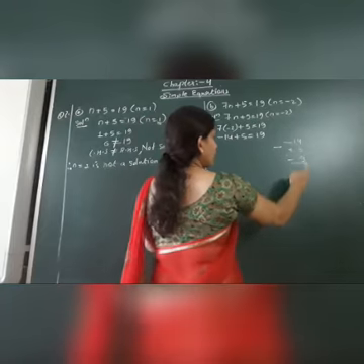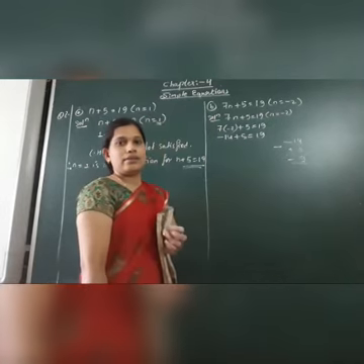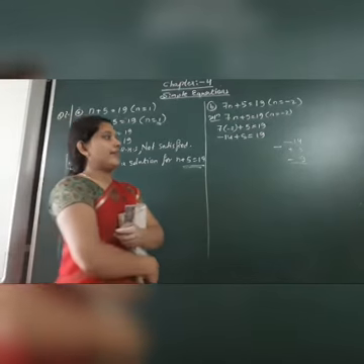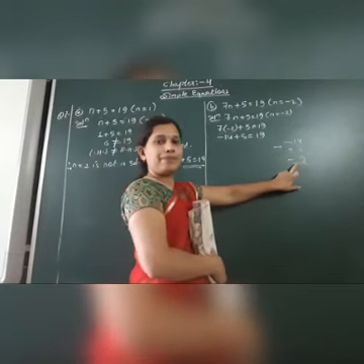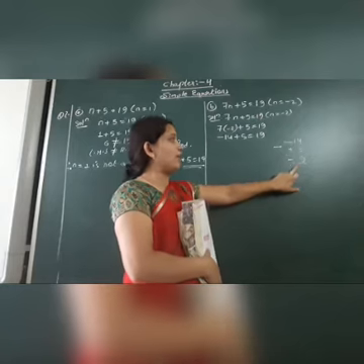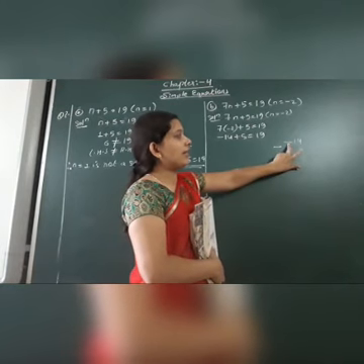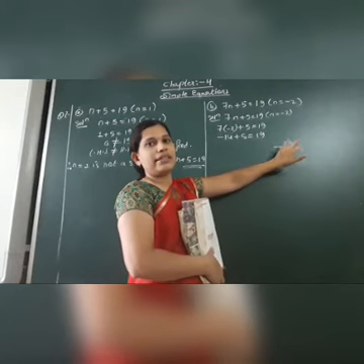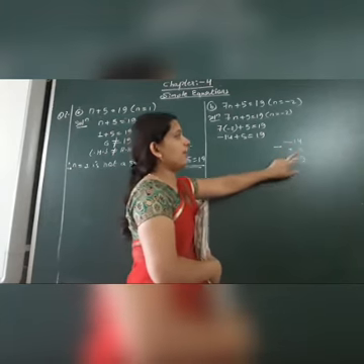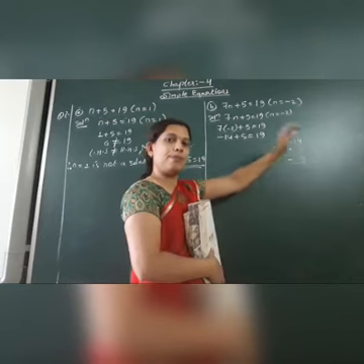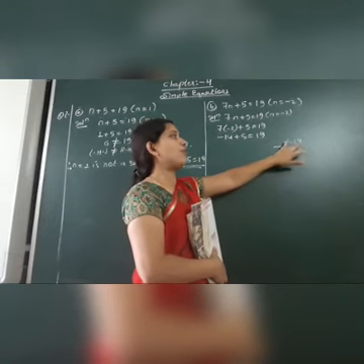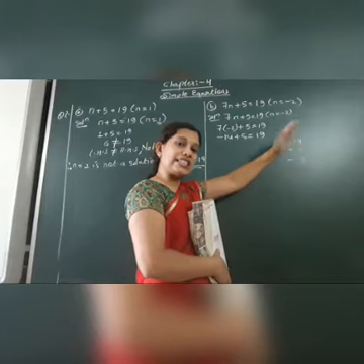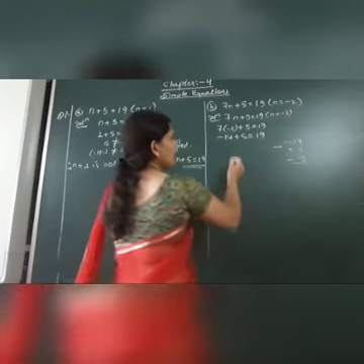Because 14 is a greater number than 5, and whichever number is greater, that sign comes in the answer. If 5 were bigger than 14 then it would be plus, but as we know 14 is a greater number than 5, so that sign comes in the answer. So what will be the answer here?